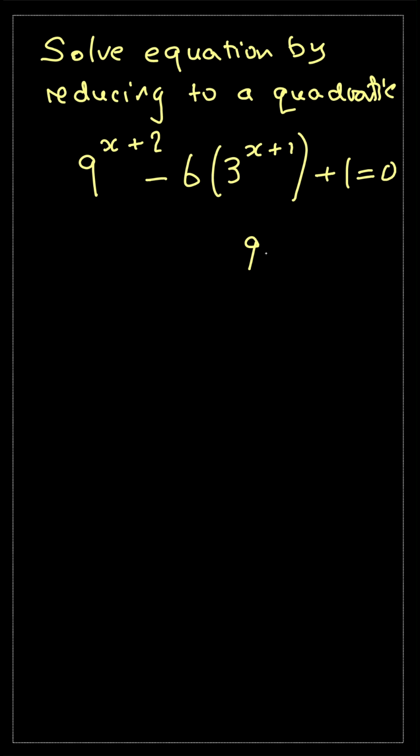The idea is you can see here that 9 is 3 squared, so there are powers of 3 involved. So if you let u equal 3 to the power of x, then you just convert each of those terms.